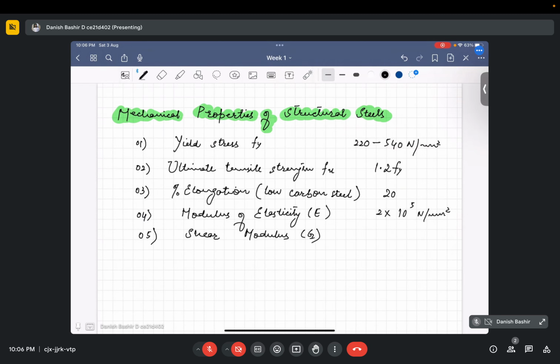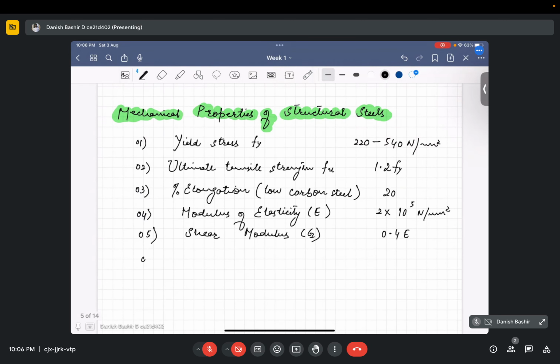It is 0.4 times E. Then Poisson's ratio, mu. There are two values of the Poisson's ratio.